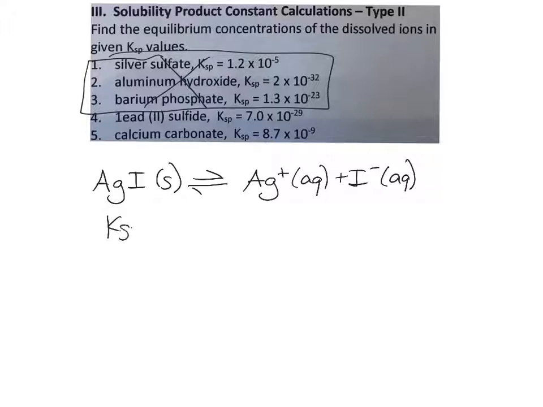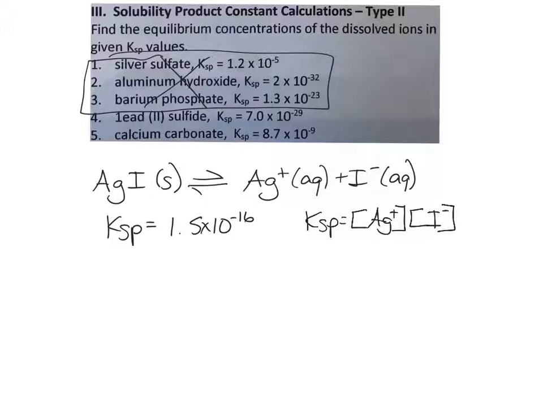If we were given that the Ksp for this salt is 1.5 times 10 to the minus 16th, and we know that the Ksp expression for this is the concentration of silver ions times the concentration of iodide ions, we can actually solve for the concentration of the silver ions and the iodide ions in a perfectly saturated solution.